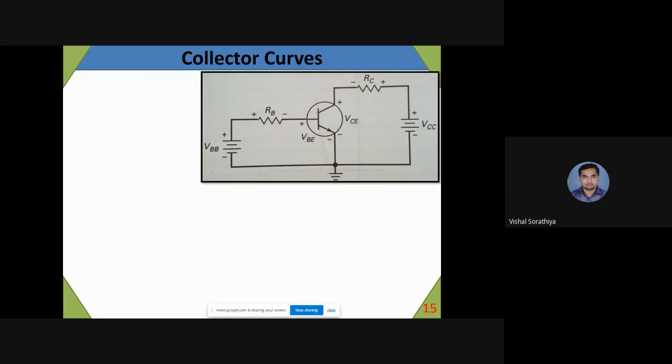Can anybody tell me, by opening the mic, under which condition this transistor is connected? Out of the emitter, base and collector, which terminal is common?